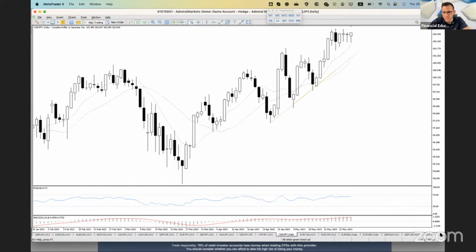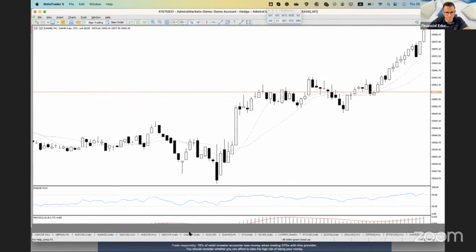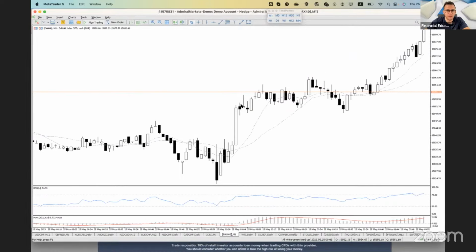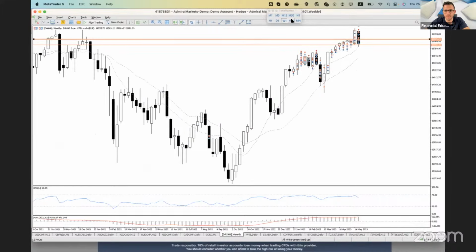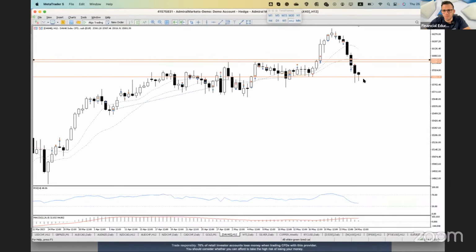I think it's time to check the gold and the DAX. Although lately I don't like the gold because it doesn't give us clear moves, the DAX is pretty much spot on. Okay, interesting here.